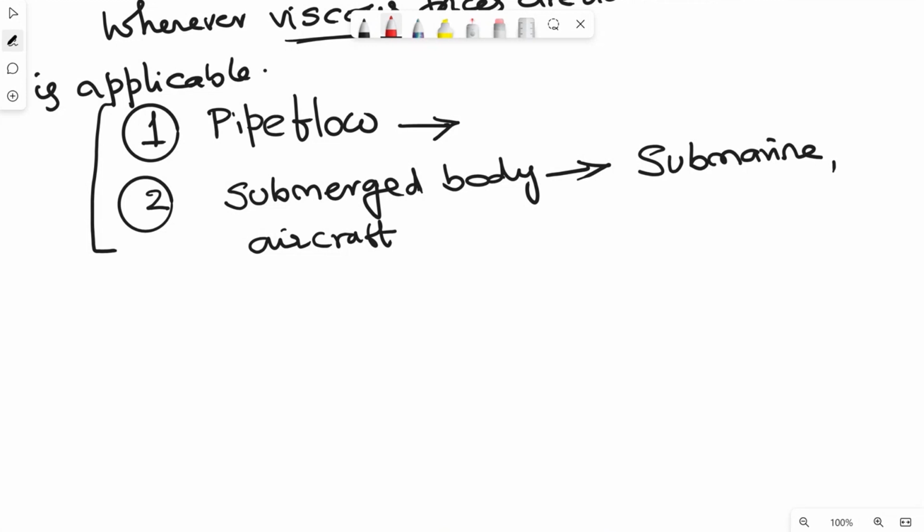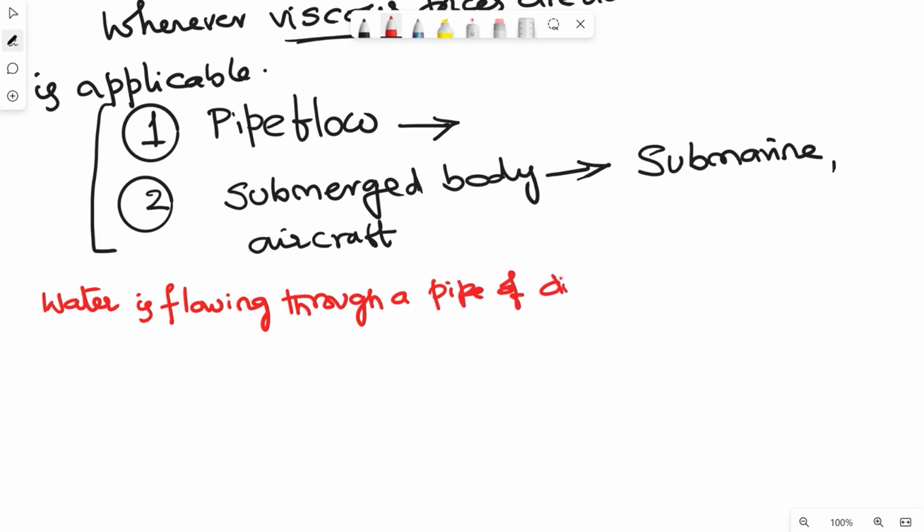Suppose water is flowing through a pipe of diameter 30 centimeters at a velocity of 4 meters per second.